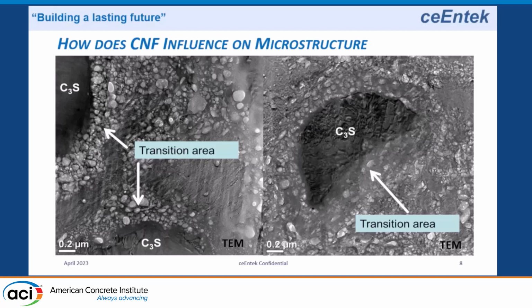And so this is an indication of porosity in the transition zone next to the tricalcium silicate. And so the carbon nanofiber actually enhances the interstitial zone, densifies the interstitial zone, and improves the bond of the C3S to the sand particles or the microfibers as well.